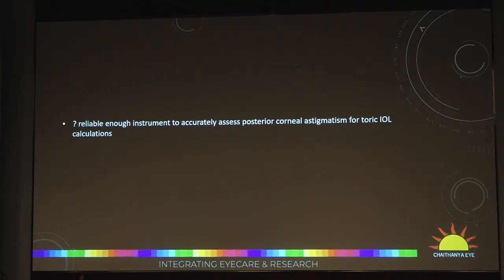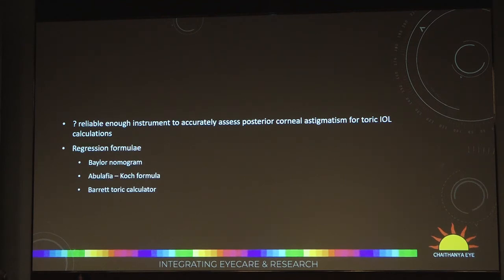Now, there is an important question here whether we have a reliable enough instrument to accurately assess the posterior corneal astigmatism for toric IOL calculations. This situation is significantly getting better every day, as we have better instruments to calculate posterior corneal power.